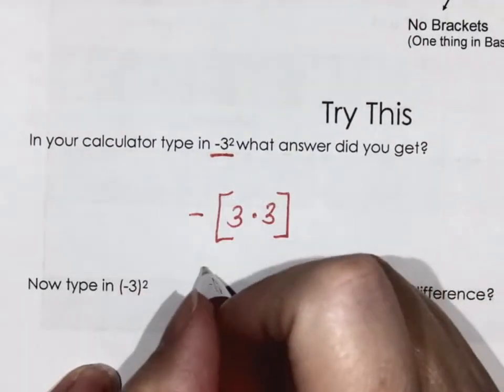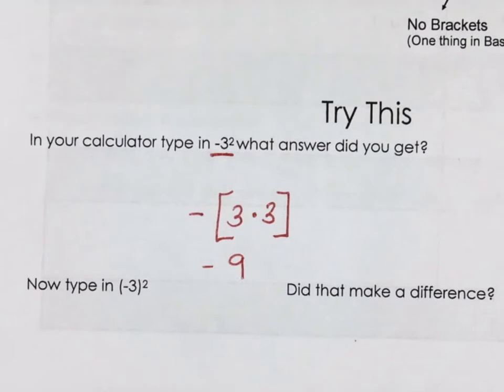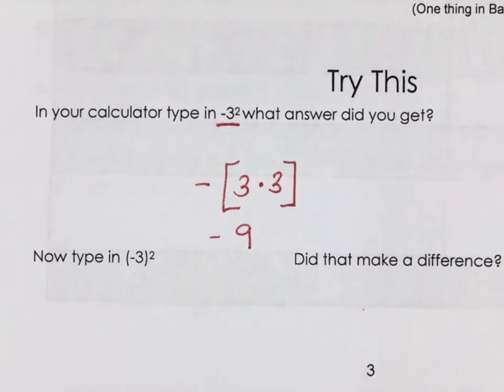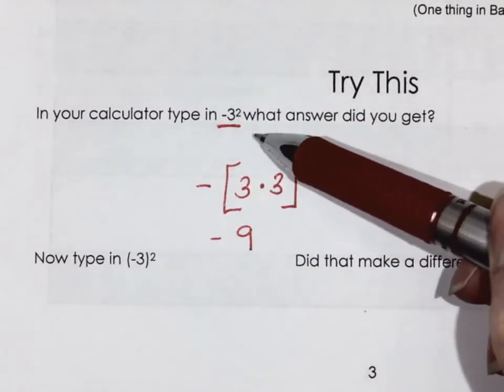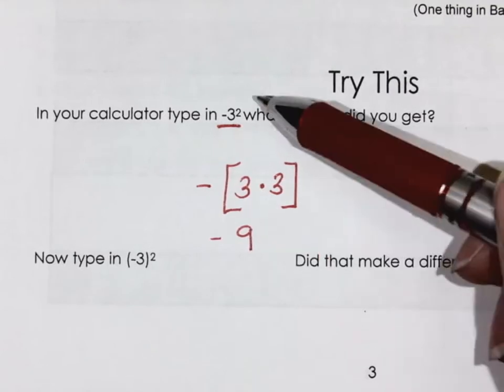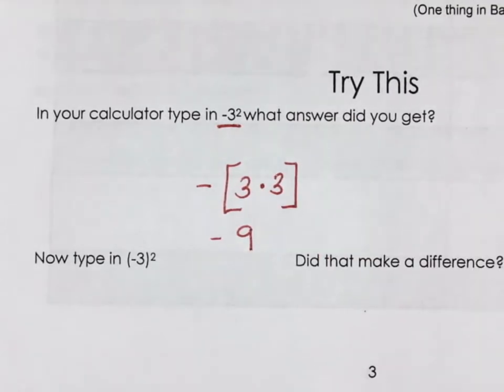So your calculator ends up giving you a -9. Now, some of you are telling me that your calculator doesn't, which scares me a little bit, but we need to know that if there's no brackets around it, it means this. Because that may be a question I give you on a test or a quiz, and you should get an answer of -9.